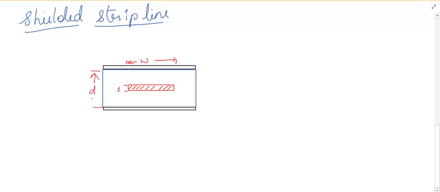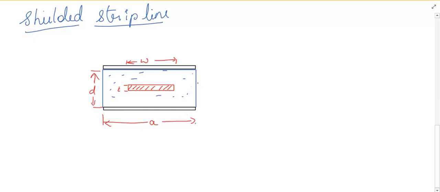We will consider it as D, and let this be A. Anything, we'll just imagine it is A. This area is the dielectric area, so I can show it like this.